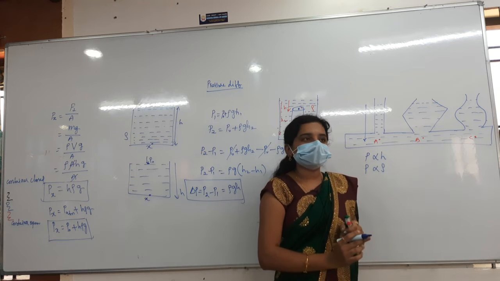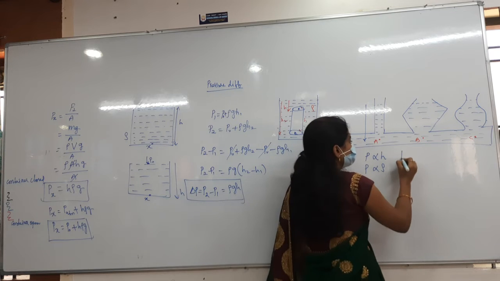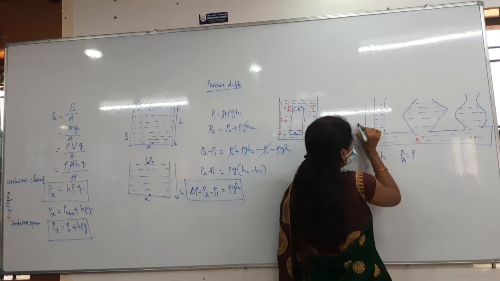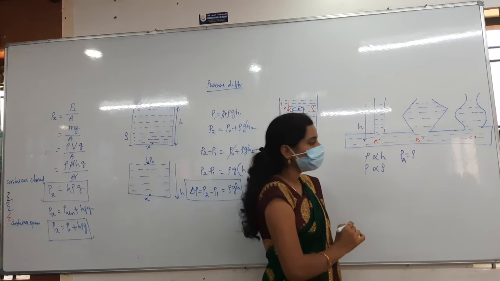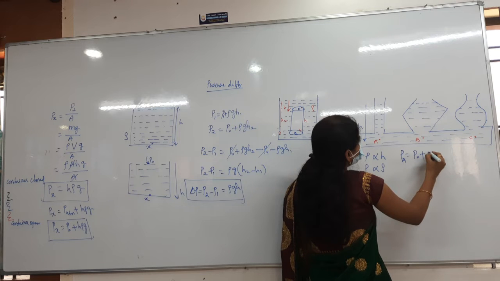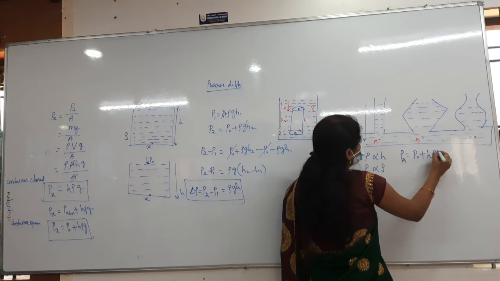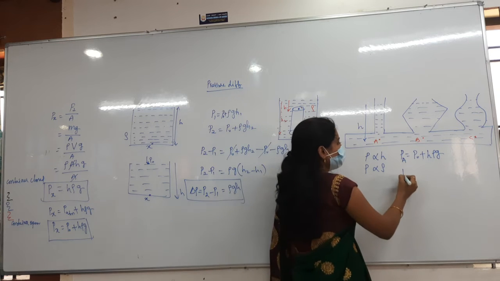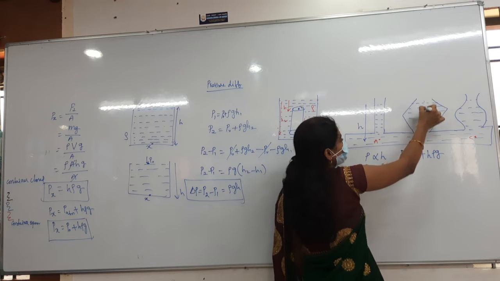So from the formula, pressure is equal to rho G into, at point A if I calculate, what is the height I said? H is the height. So P naught plus what can I get? Rho G H. That is about the first one. Second one, point B. How much height is there?